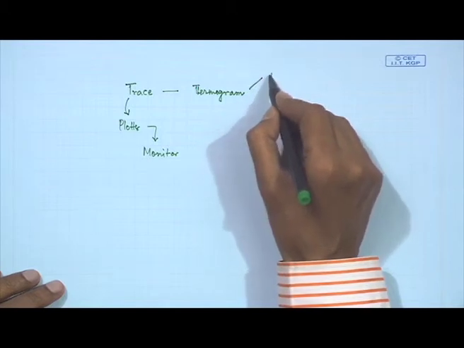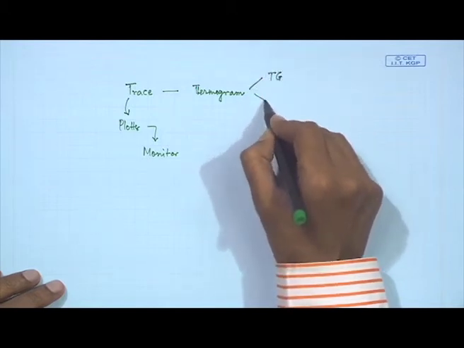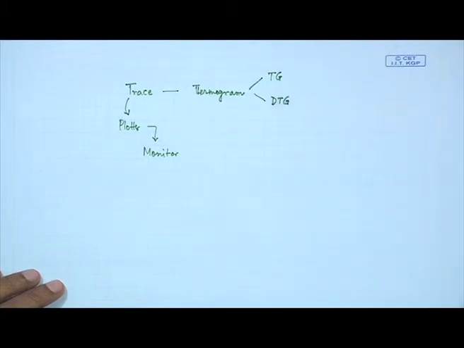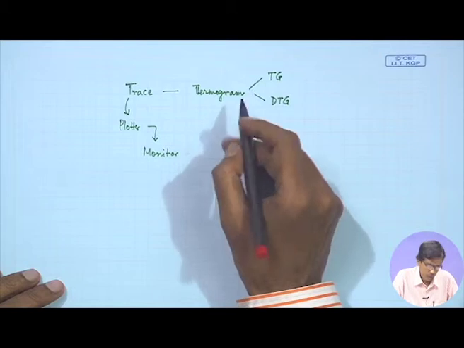So, your TG can give you the thermogram, and your DTG can also give you a thermogram.